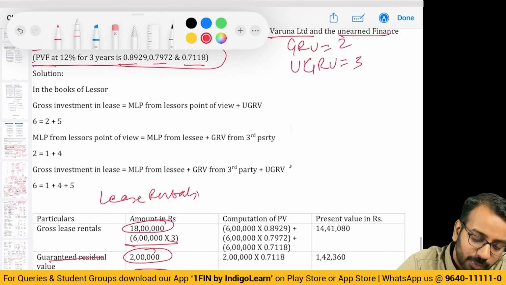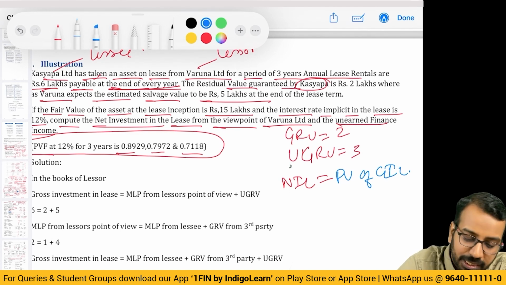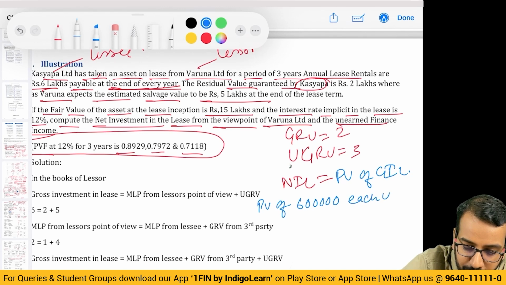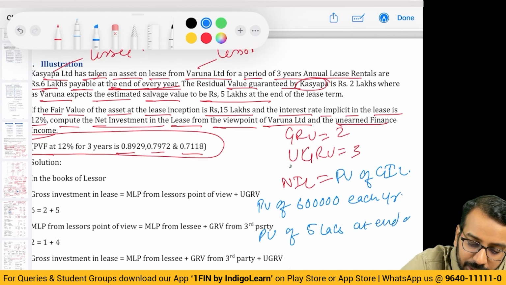Now, what is net investment in lease? Net investment in lease is equal to the present value of gross investment in lease. So, basically, the present value of 6 lakhs each year, then the present value of 5 lakhs at the end of 3 years.